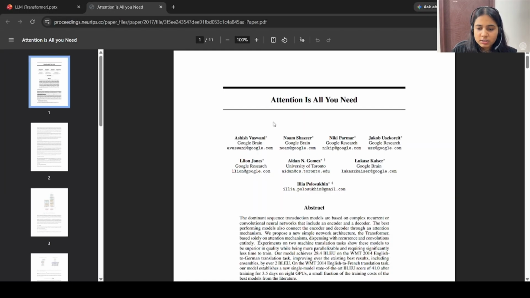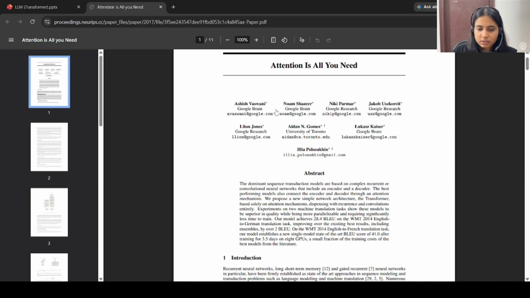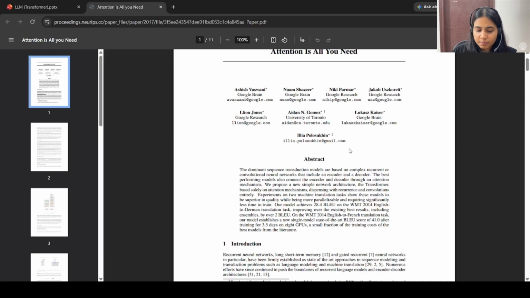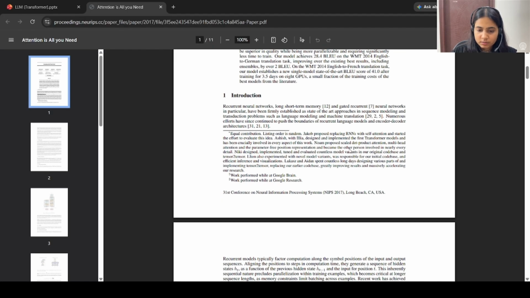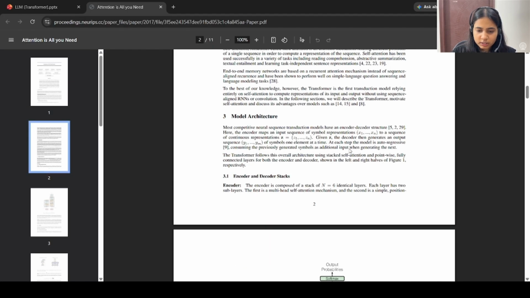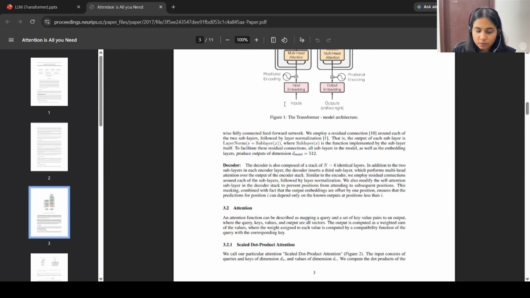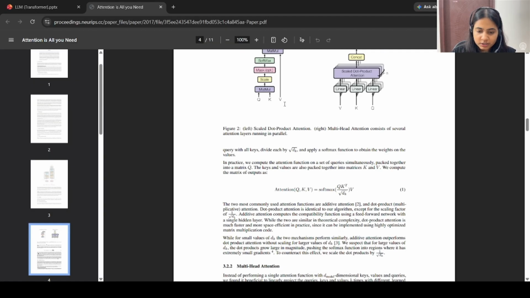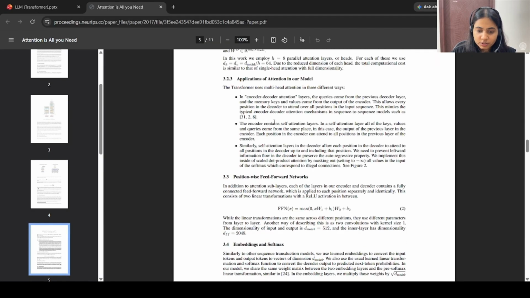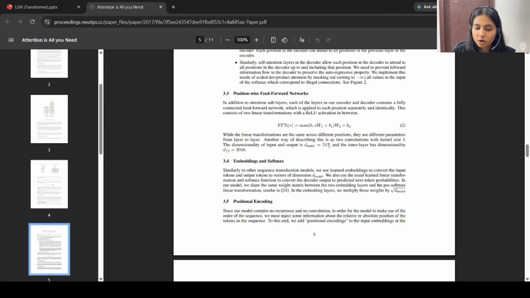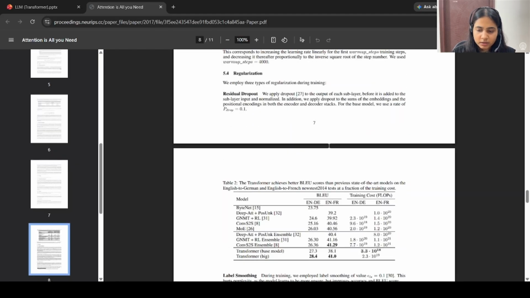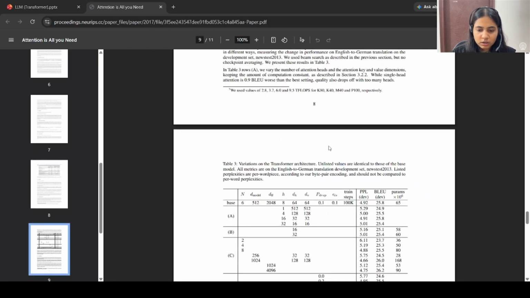Yeah, so this is "Attention Is All You Need". It was launched by Google Brain and Google researchers. In this research paper, we got to know about transformers. If you see here, there is a background, model architecture, encoder and decoder concepts, and then attention, multi-head attention, application of attention in our models, and many more things.